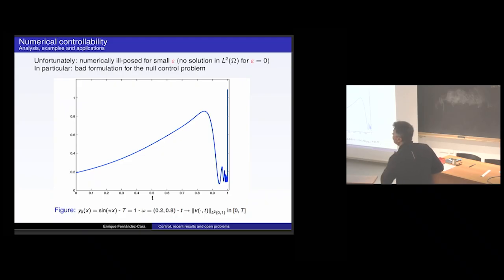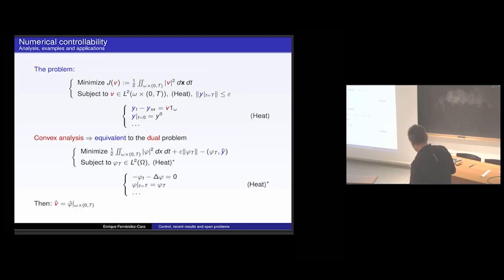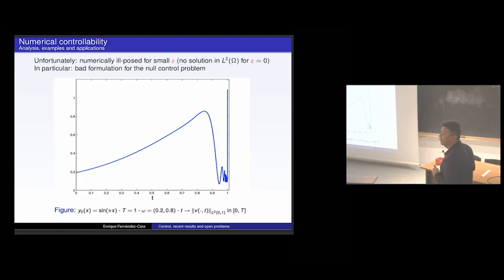Unfortunately, this is the situation for small epsilon. And I recall to you that epsilon is this quantity that measures the degree of exact controllability or non-exact controllability that we want. If epsilon is small, epsilon appears here, this is the solution in general. This is the kind of solution.